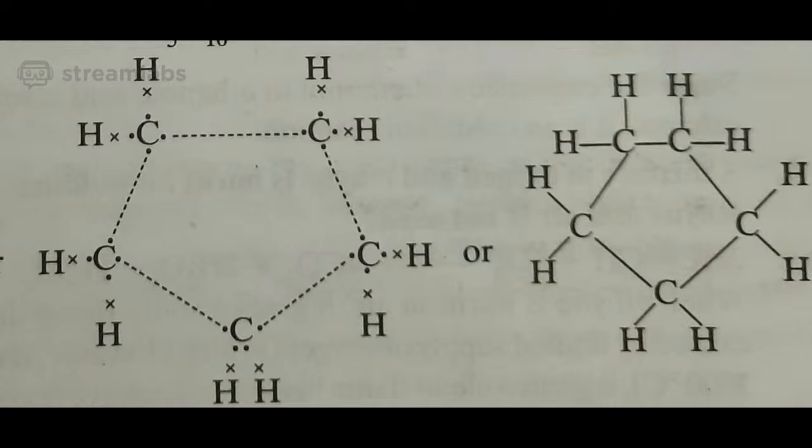Now count the dots around the carbon and hydrogen in total. Then it completes the octet structure. It is 8. Around the carbon and hydrogen, you just count, it will be 8. That means it attained the octet structure.